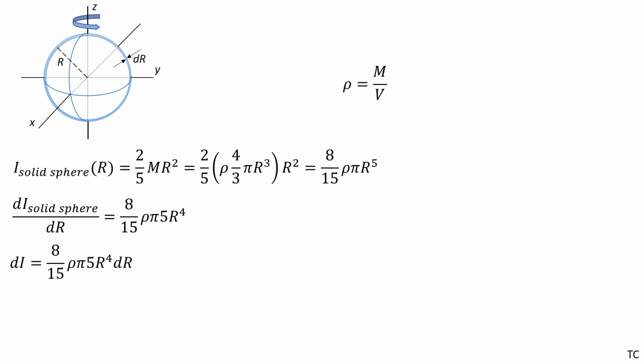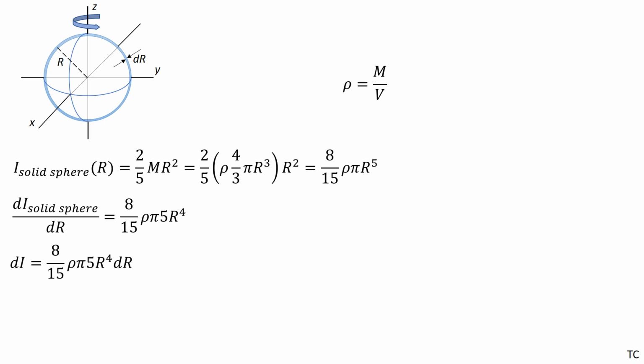So from this, we'll be getting our moment of inertia of our spherical shell. So the mission now is to get rid of rho.